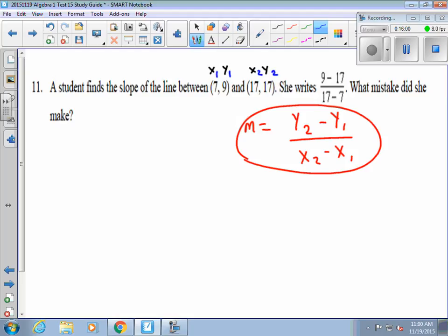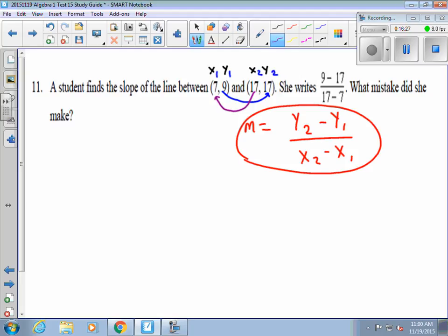But she could have called that second point the first point and the first point the second point. Either way, the mistake she made was she went this direction, 9 minus 17 on the top, and then she came back going this direction, 17 minus 7. That's what she cannot do.